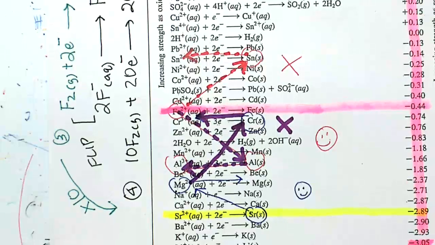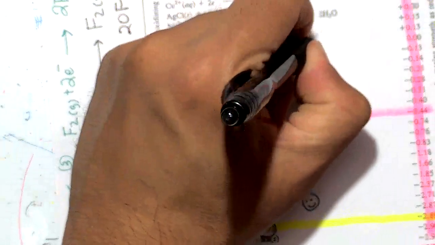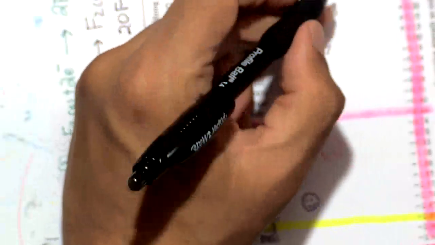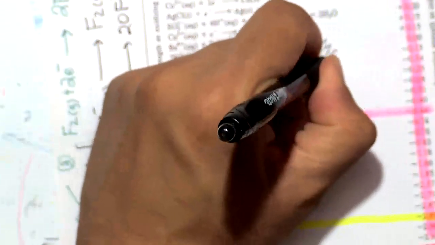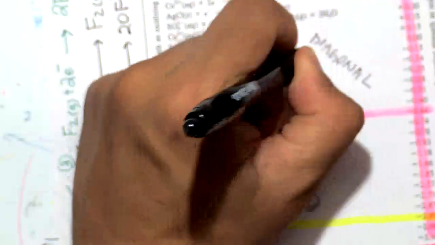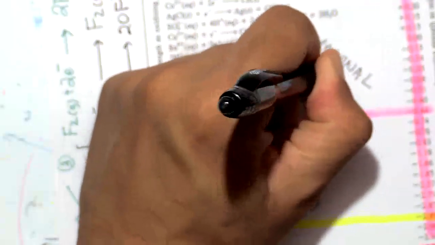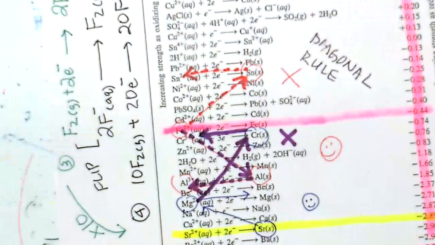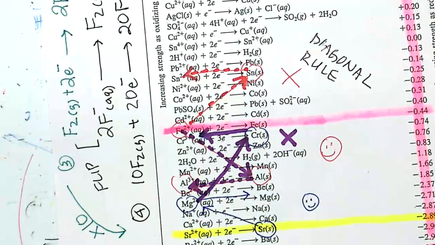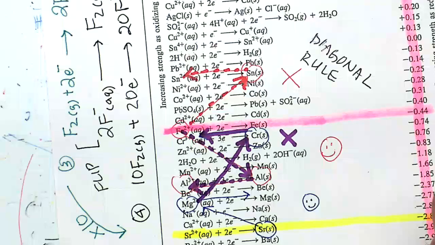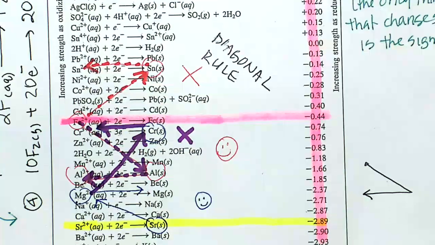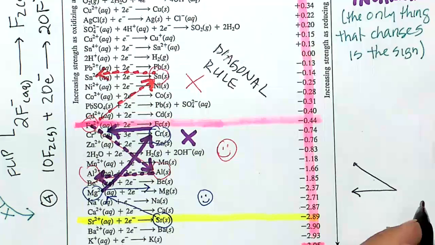Okay, this is called the diagonal rule, just so you know. So if I were to say the diagonal rule, it goes kind of like this.